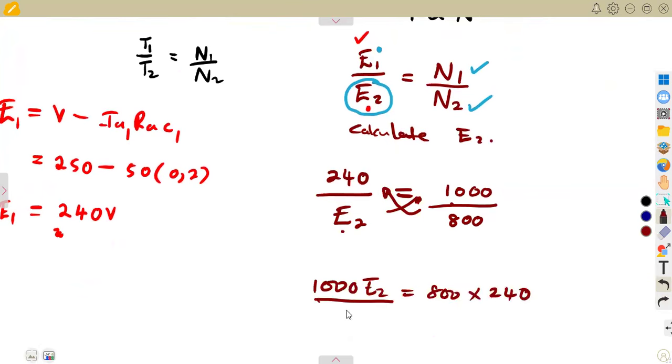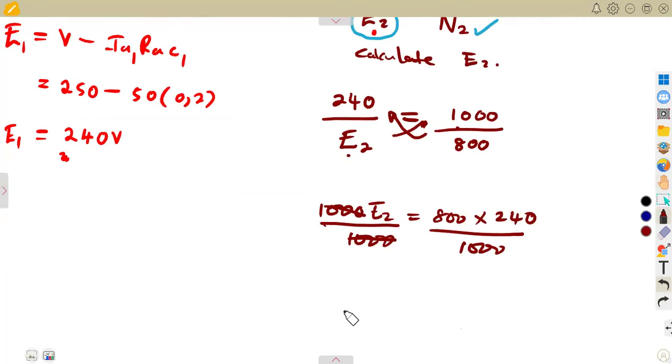Definitely you are going to divide by 1000 to obtain the value of E2. With this, we have the value of E2, which is the generated EMF of the final circuit, and that gives us 192 volts if we simplify this.